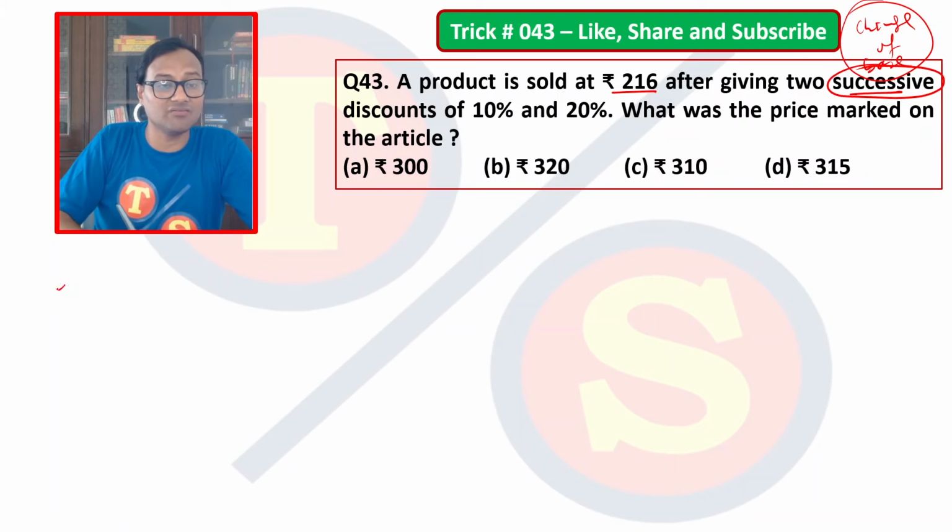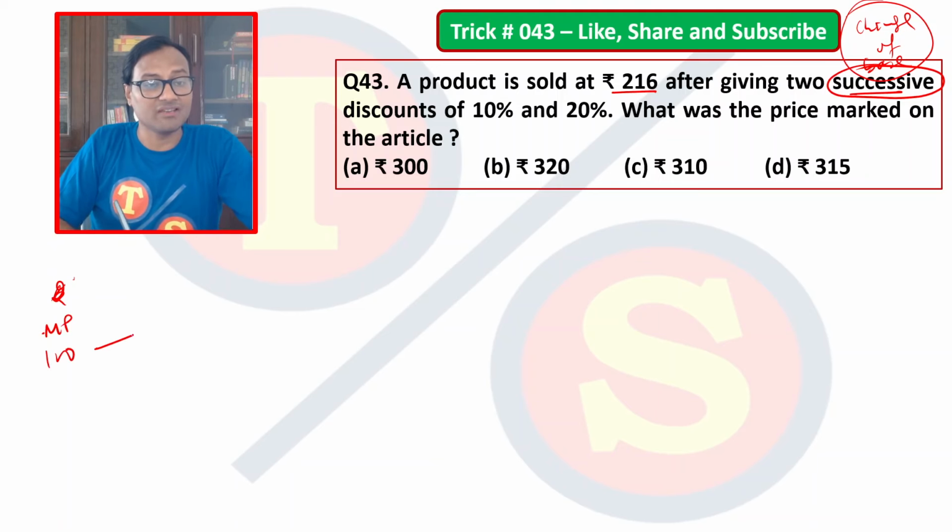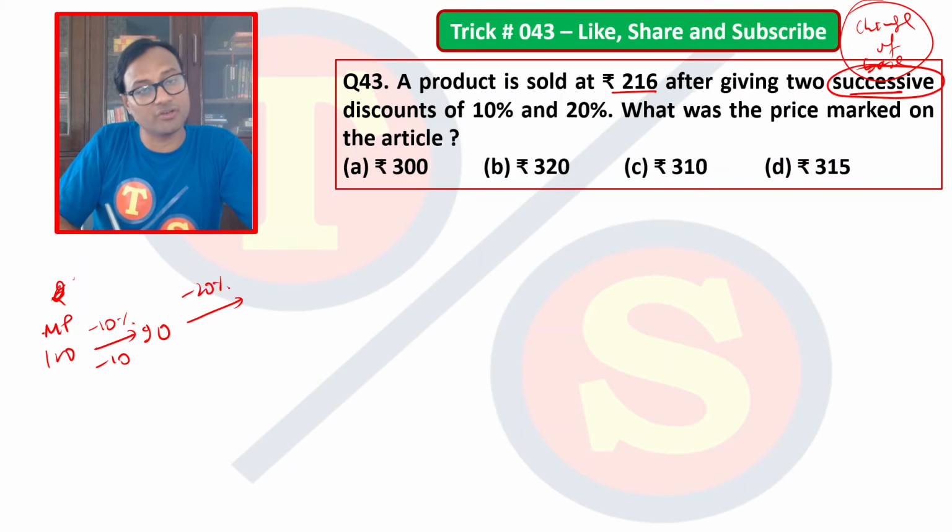So suppose the mark price of the product is 100 rupees. I give first discount of 10%. So 10% of 100 is 10. So it will become 90. Then I give a second discount successively of 20%, means 20% of 90. So that will be a discount of 18 rupees.